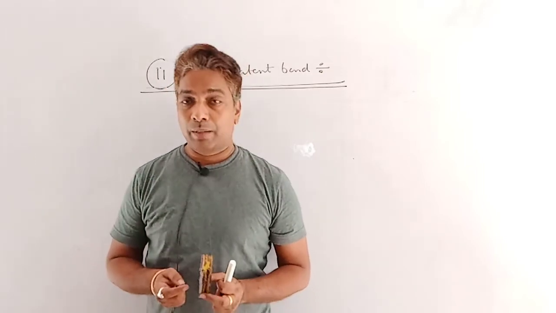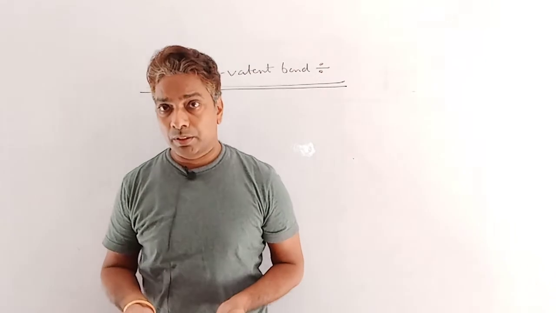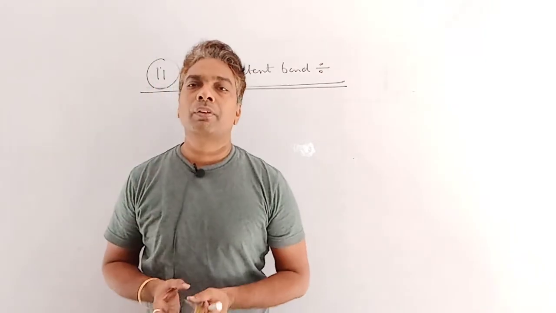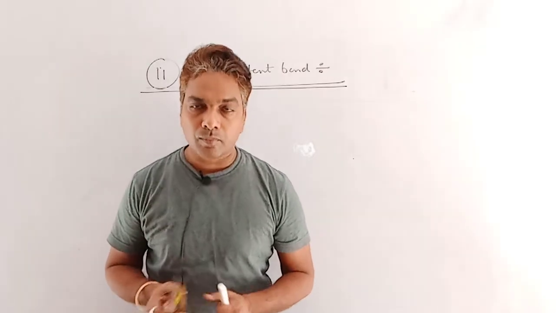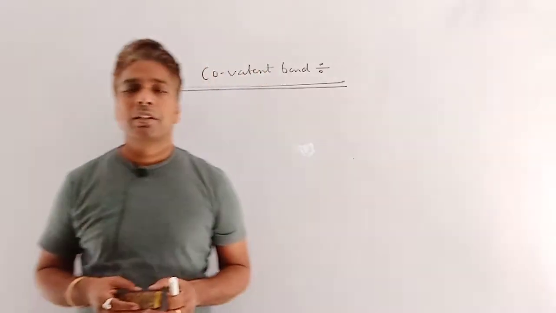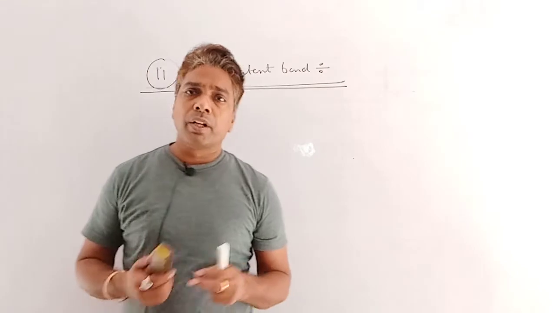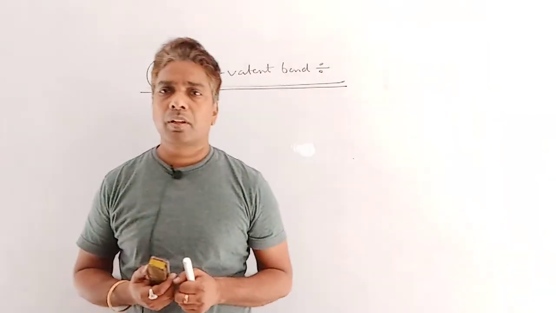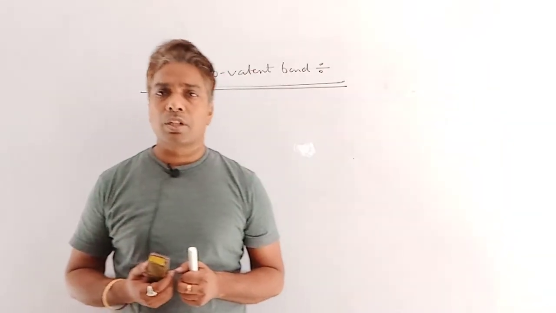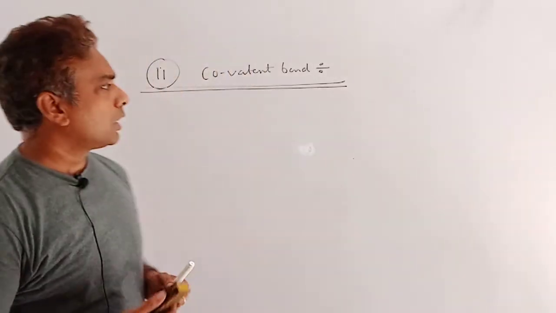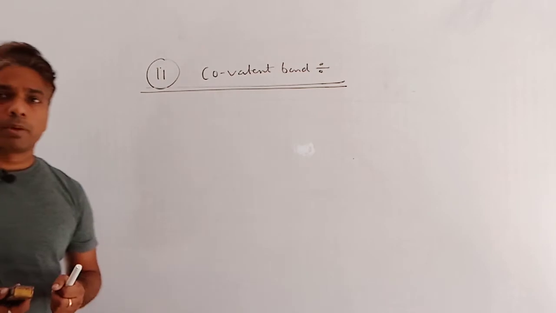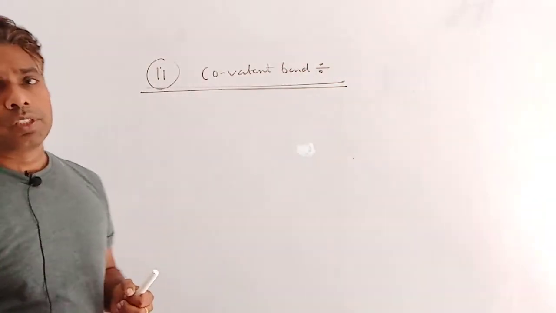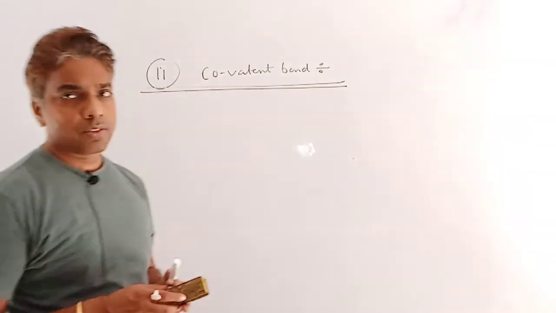One p block element with another p block element always forms covalent compound. Due to their smaller size, after sharing of electron, it becomes stable by gaining the stable configuration of the nearest noble gas.